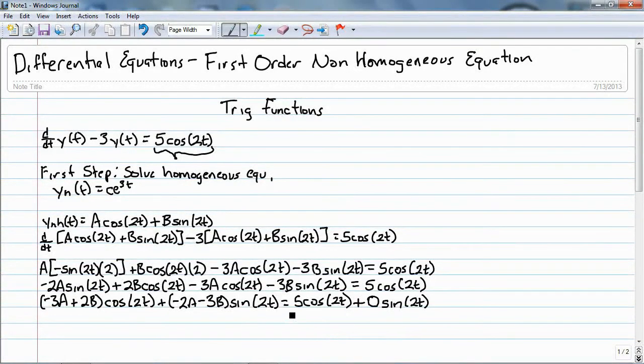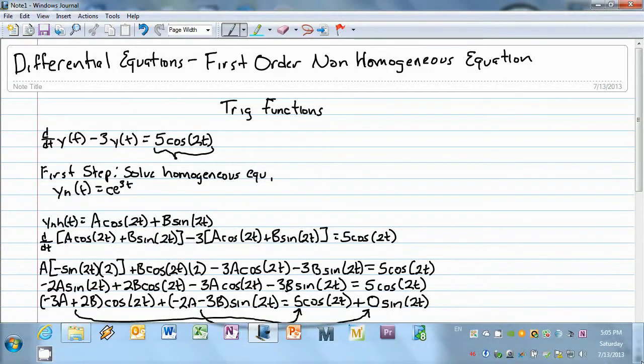And now I have the sine on the left and sine on the right. And so the coefficient for the cosine must equal the coefficient of the cosine on the right hand side, and the coefficient for sine on the left side has to equal the coefficient for the sine on the right side. And so I have two equations and two unknowns.